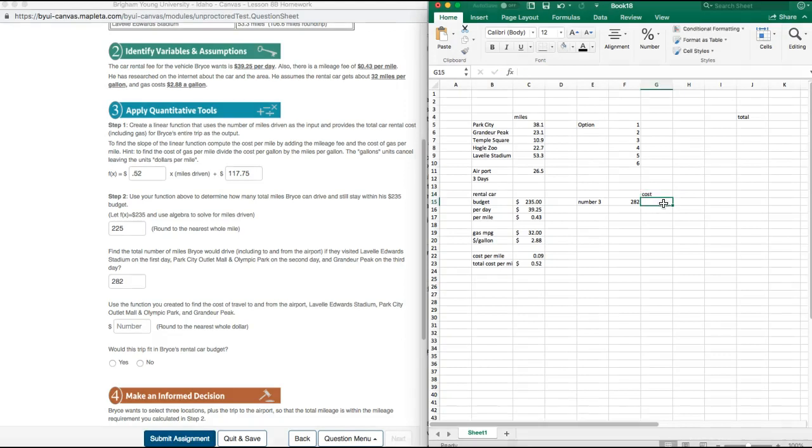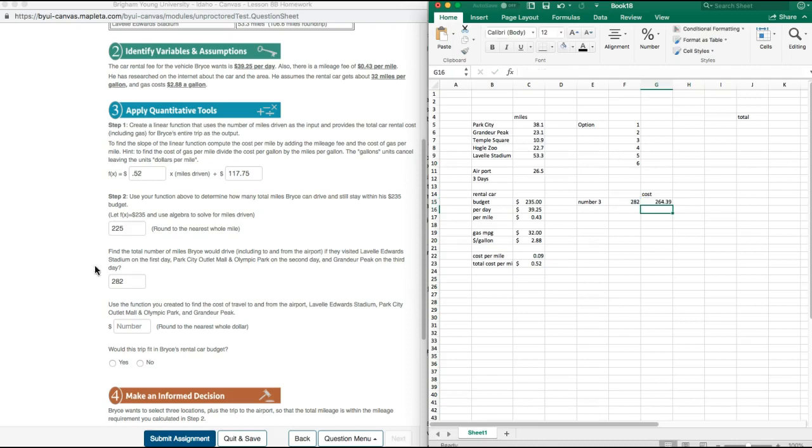And this is going to be equal 0.52 times the miles driven, add 117. I'm actually just going to cell reference, so I deleted that one, so I'm going to have to write it 117.75.